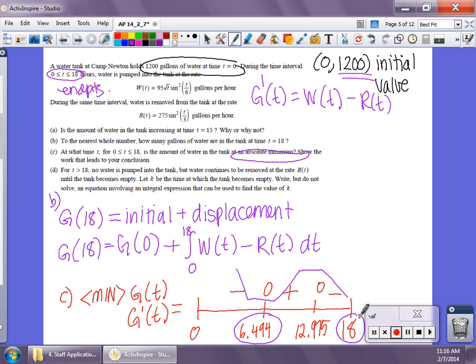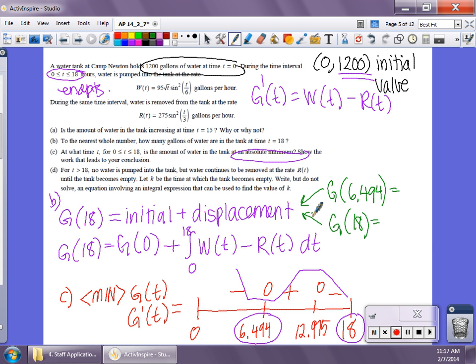So I would actually have to find g of 6.494, and I would need to find g of 18. How do I find both of them? Initial plus displacement, right here. So I would need to do that. Are there any questions on part C?